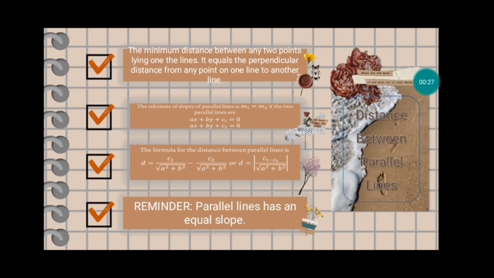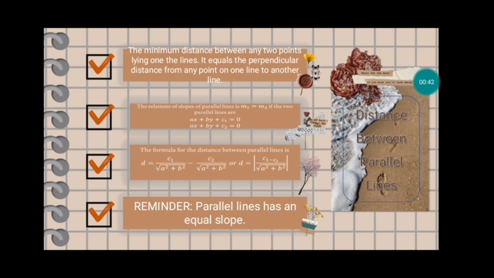The relation of slopes of parallel lines is m sub 1 is equal to m sub 2 if the two parallel lines are ax plus by plus c sub 1 is equal to 0 and ax plus by plus c sub 2 is equal to 0.